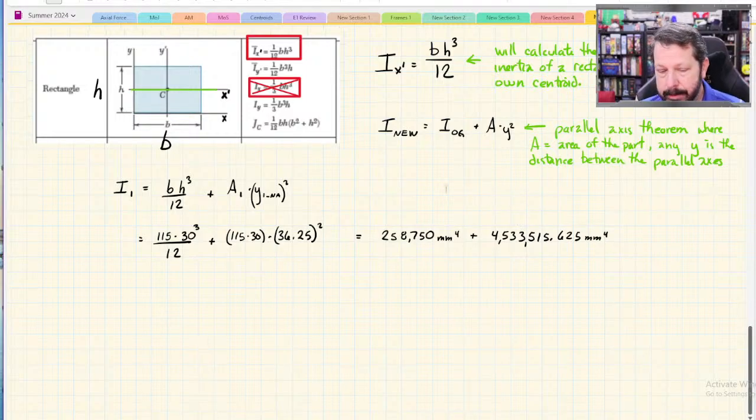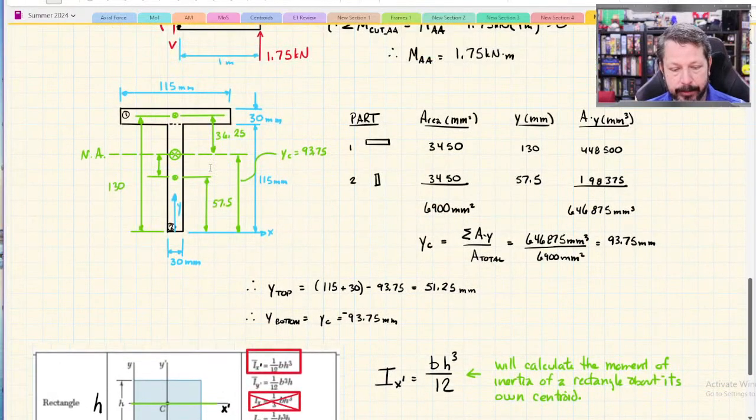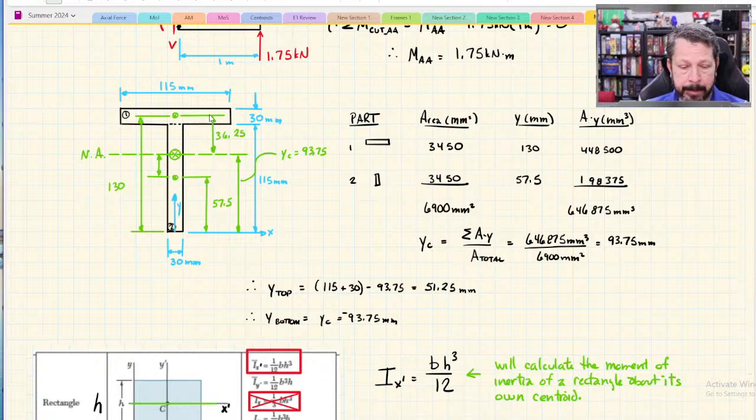And the parallel axis theorem part is accounting for the fact that this flange is raised up above the neutral axis. So what that's telling me is that if I can get material away from the neutral axis, it will increase the stiffness of that beam. That's why you have T-beams and I-beams where those flanges are moved out away from the neutral axis in the middle of the beam.